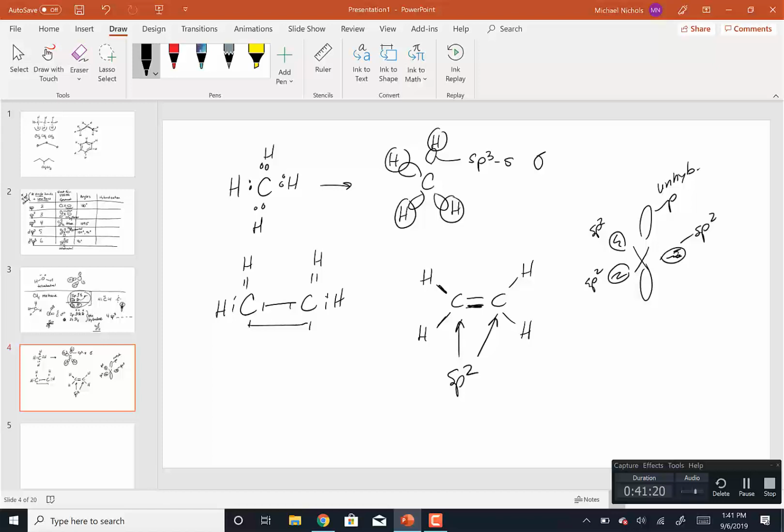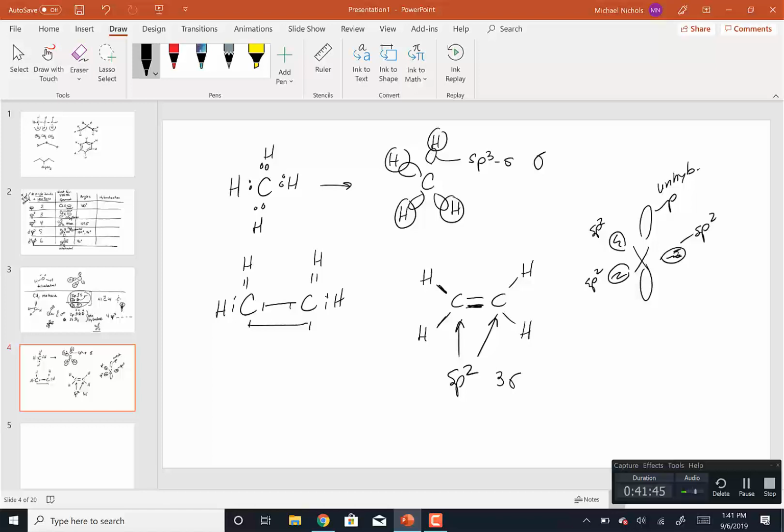The reason why it's sp2 is you're only counting sigma bonds, not the pi bond. So sp2 because there's 3 sigma bonds. Single equals sigma. So any atom looks that way.